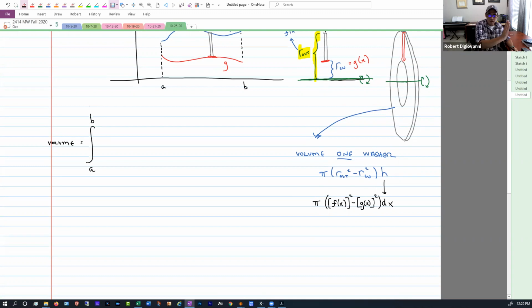I'm going to start with rectangles on the left and go all the way to B, and then it's going to be pi times the outer radius, which in this case is f of x, squared minus the inner radius, which is g of x, squared, and then dx. There it is. And that's our formula.